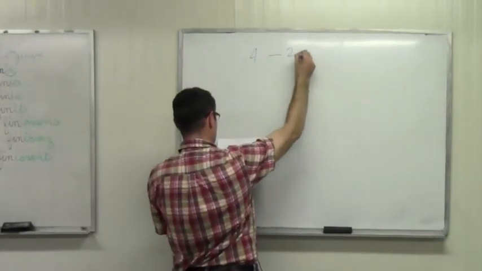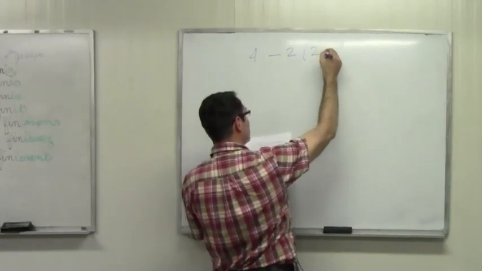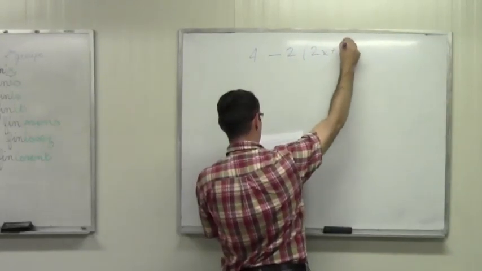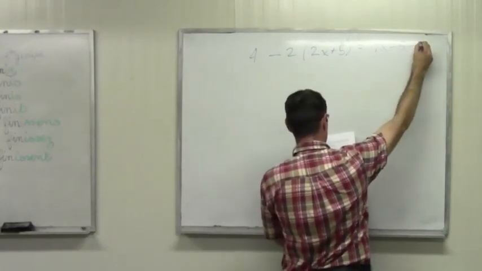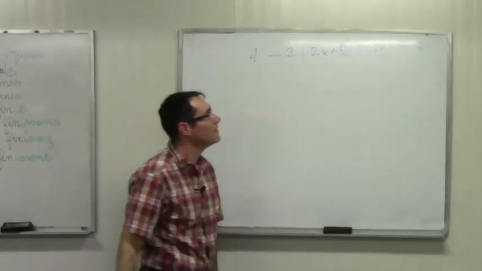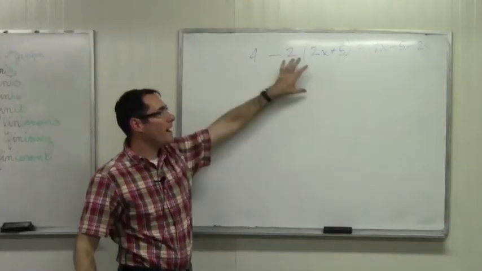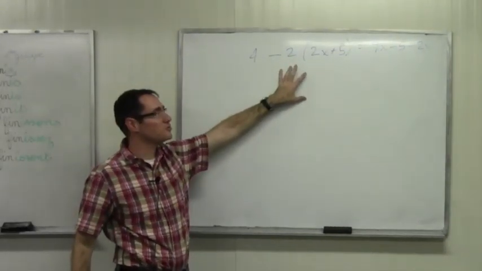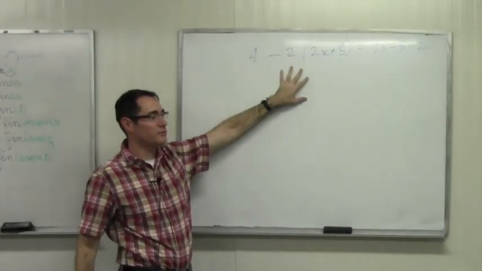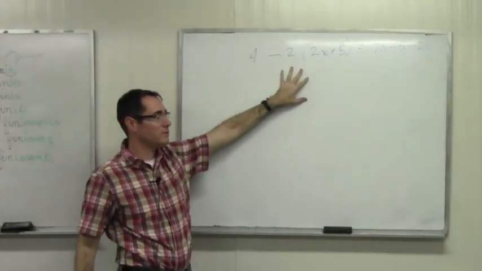4 minus 2 times the quantity 2x plus 5 equals 9x minus 5 minus 2x. Right off the bat, what can I do to this side? Distribute. Rob, are you with us? Are you pressing this one? Okay.